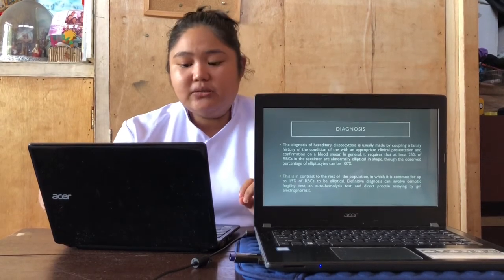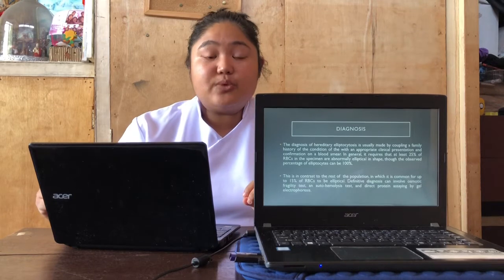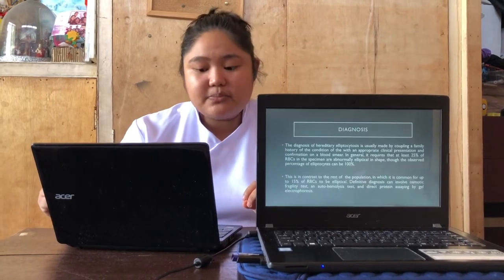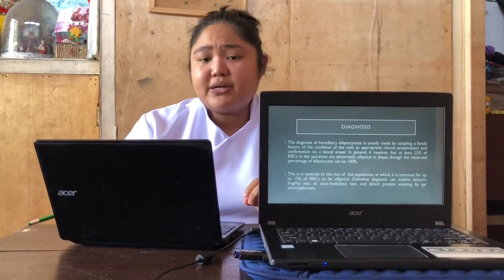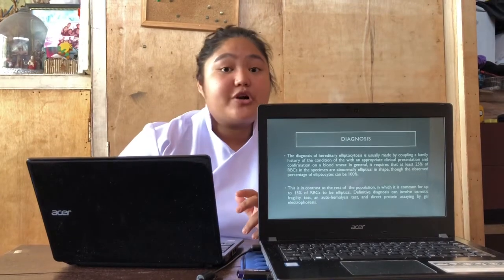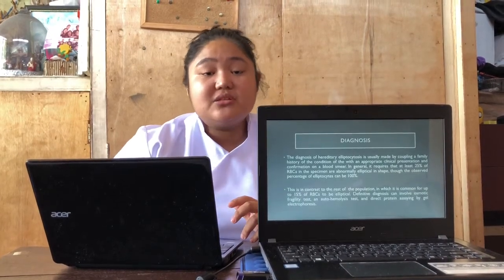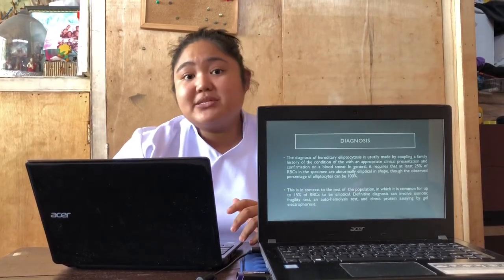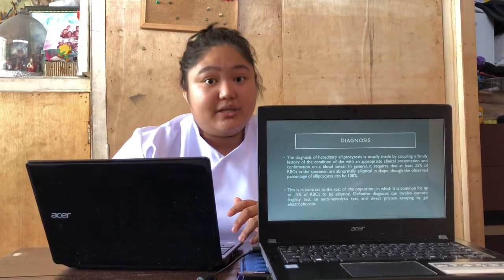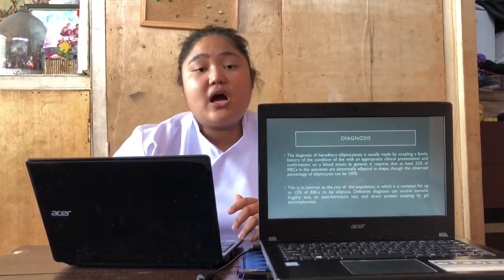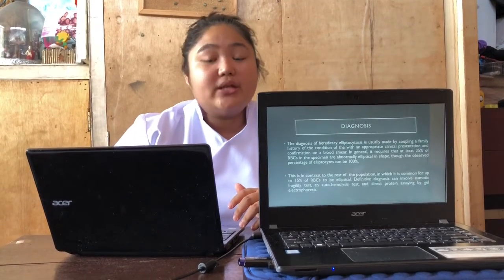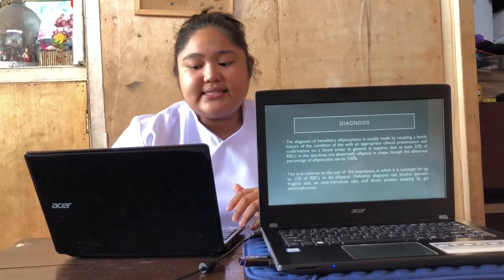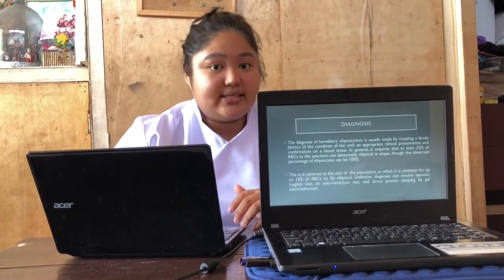In general, it requires that at least 25% of RBCs in the specimen are abnormally elliptical in shape, though the observed percentage of elliptocytes can be 100%. This is in contrast to the rest of the population, in which it is common for up to 15% of RBCs to be elliptical. Definitive diagnosis can involve an osmotic fragility test, an autohemolysis test, and direct protein assaying by gel electrophoresis.